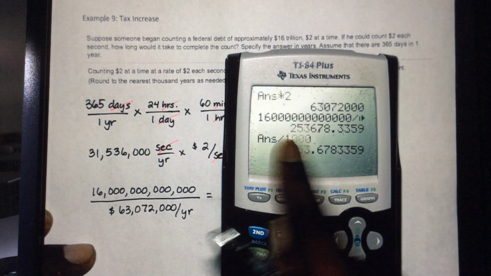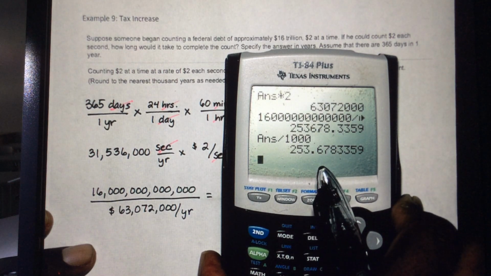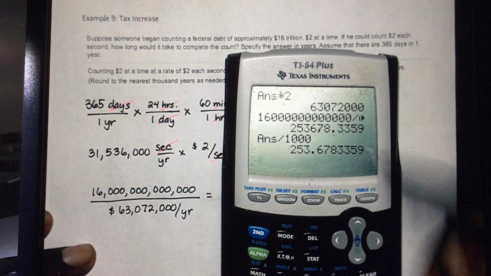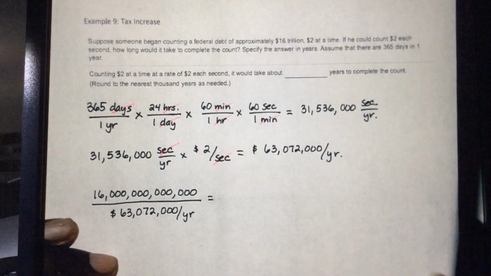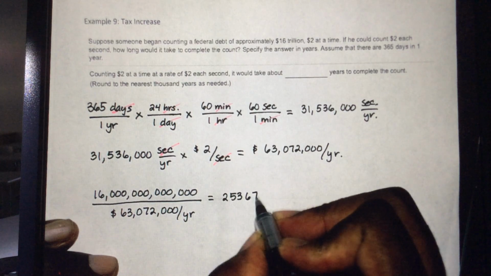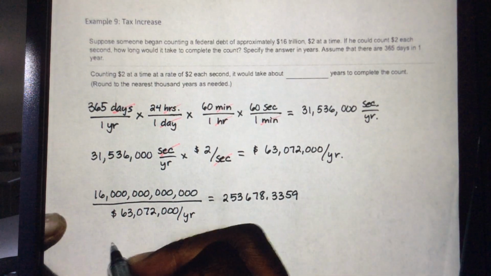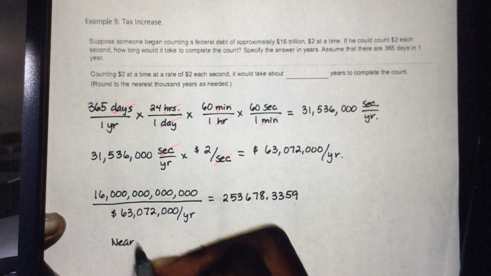It's this amount that we need. And I'm going to round that to the nearest thousand. Actually, I'll write this out: 253,678.3359, to the nearest 1,000.